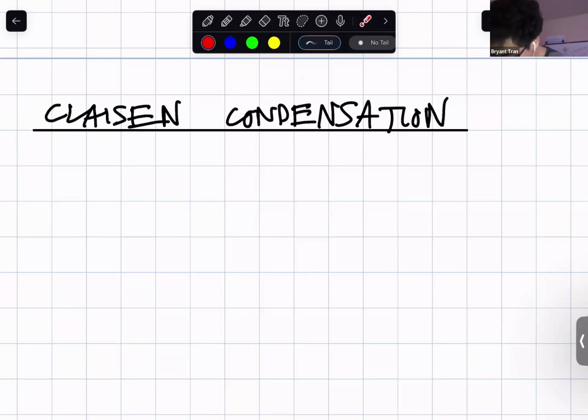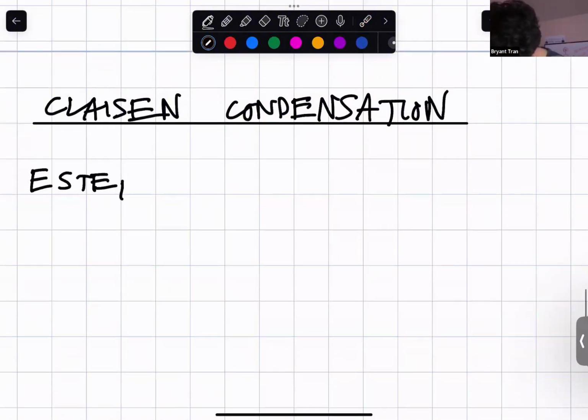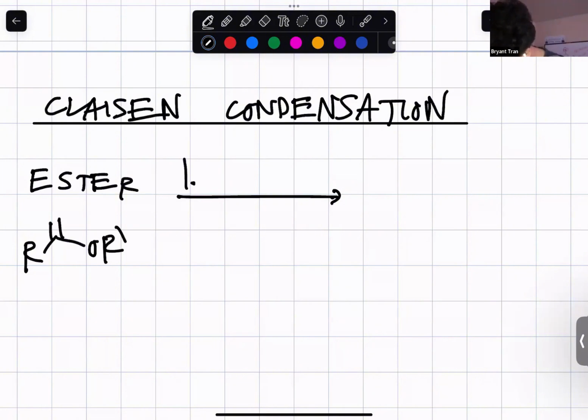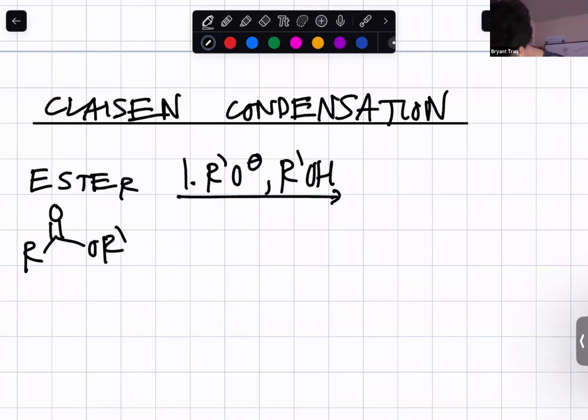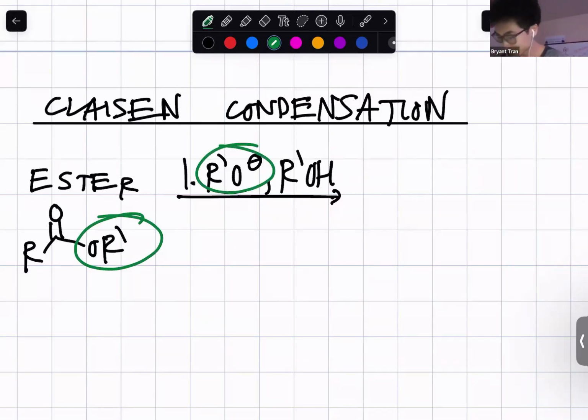the Claisen condensation is gonna have an ester reacting with an alkoxide ion, right? So I'm just gonna draw out the ester like this, R, OR prime, carbonyl, but the alkoxide ion here, the RO minus, has to be the exact same thing as the OR of the ester, like that.